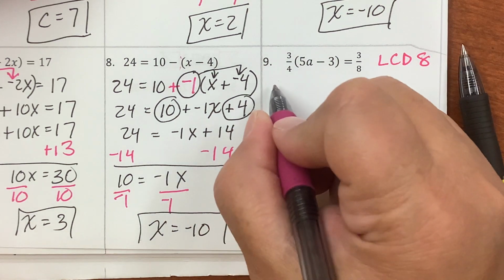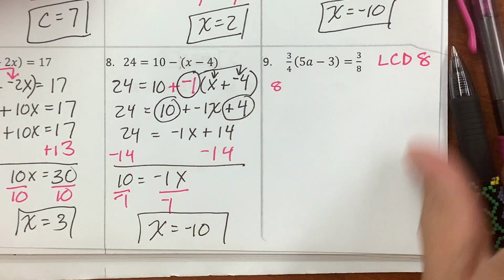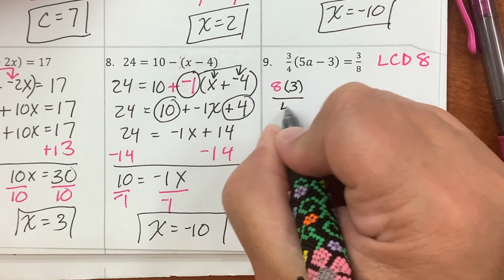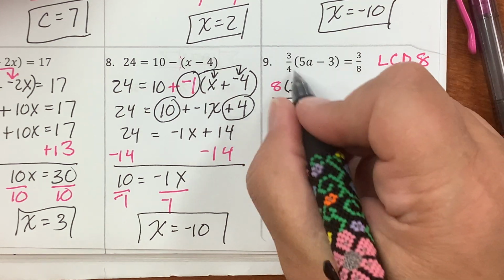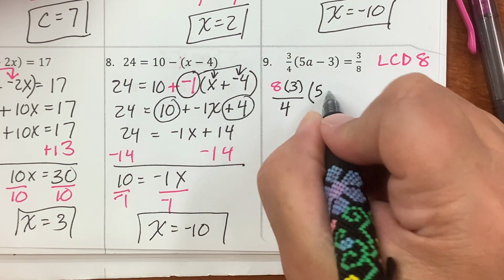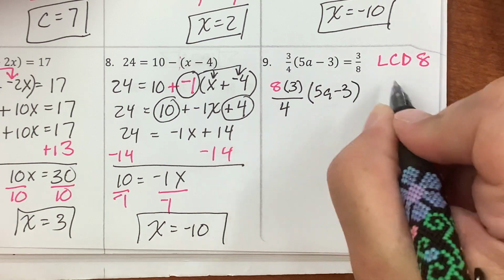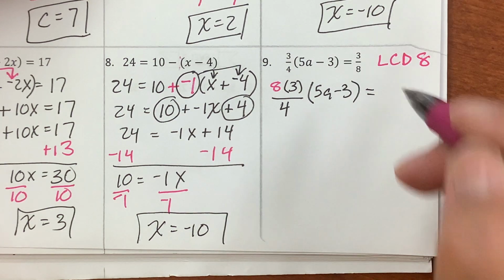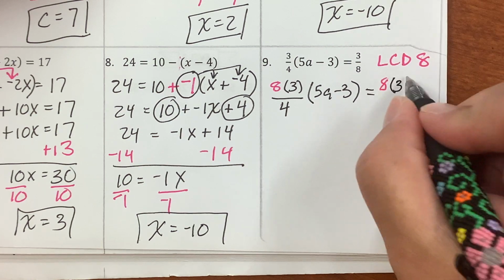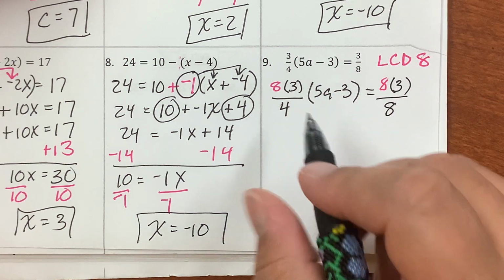I'm going to multiply 8 times 3 over 4. Nothing happens to this. It stays. Just leave it alone. 5a minus 3 equals 8 times 3 over 8.